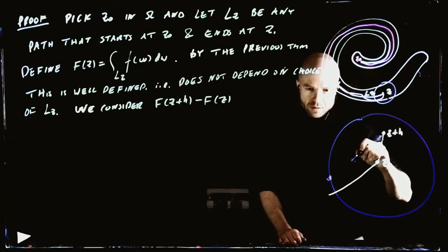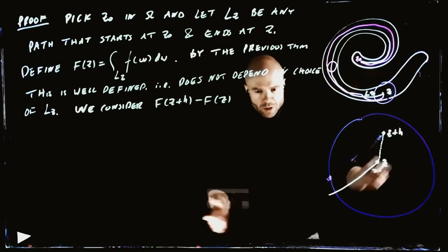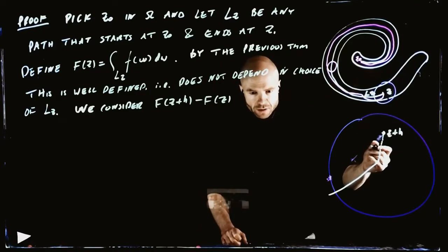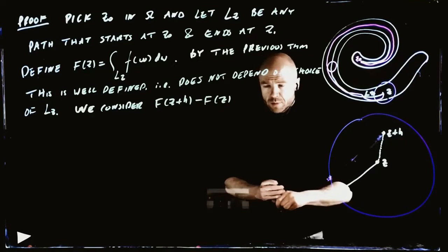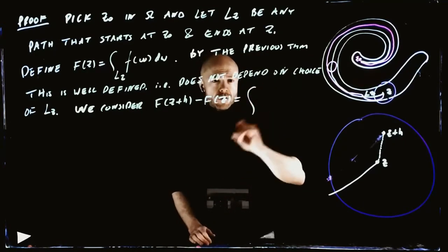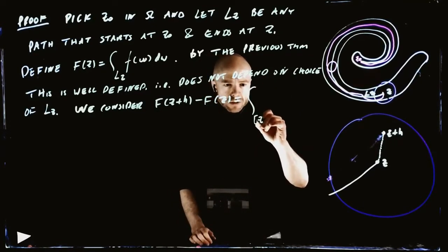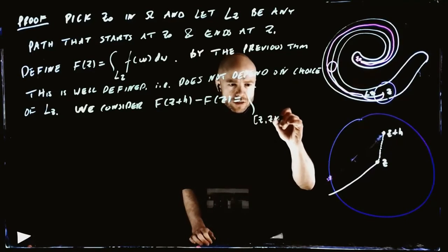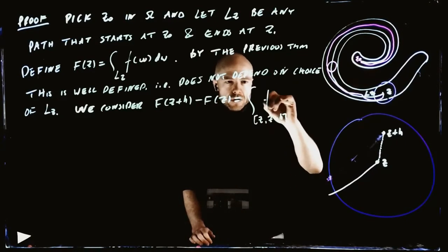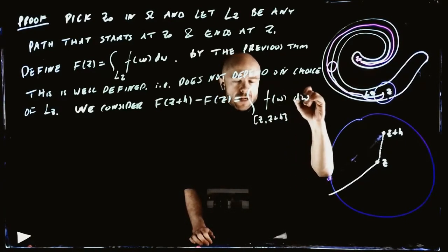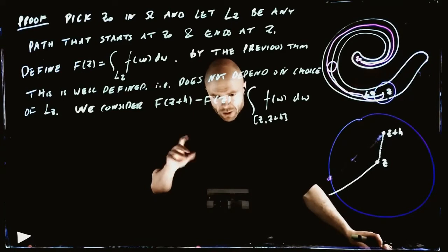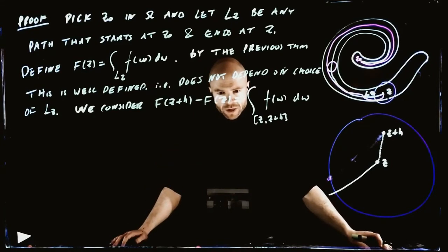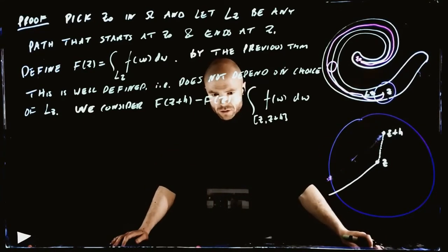And by the theorem, this is a perfectly good path, right? So all this becomes is just the integral over this line segment, z to z plus h, of little f of w dw, right? Previously, we did this by applying Cauchy's theorem on a triangle over and over again, but now we have a more direct thing to do, yeah?